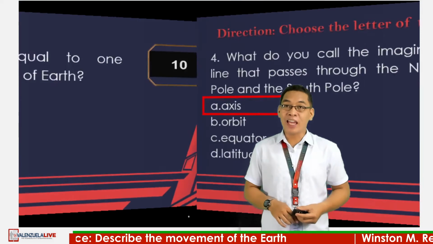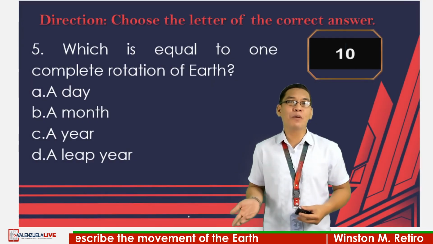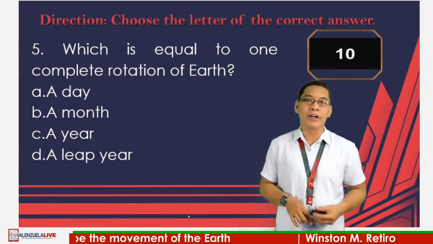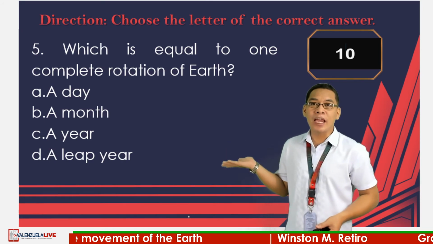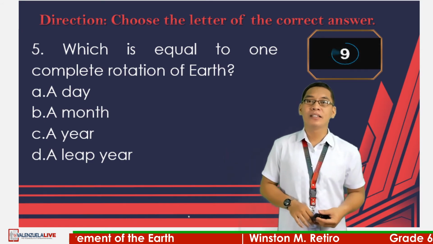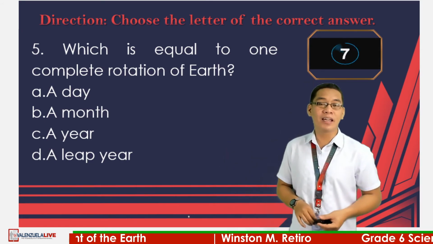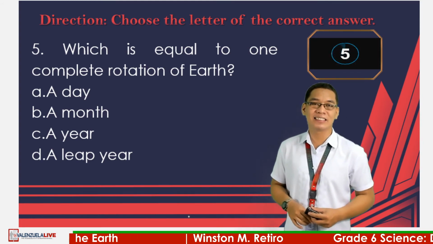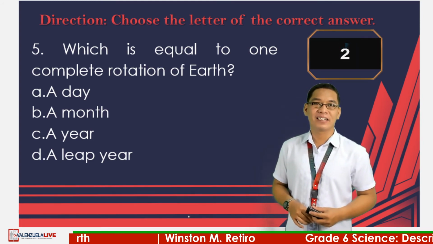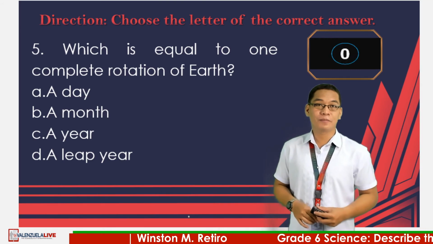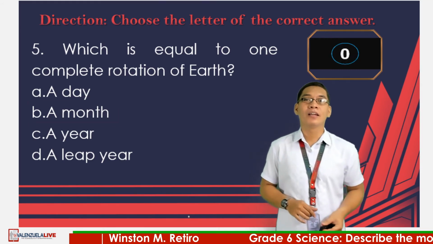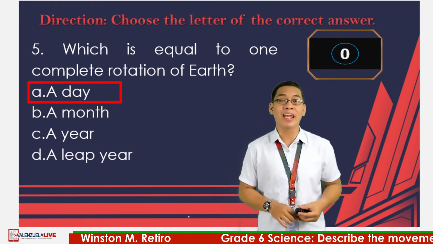For number 5, which is equal to one complete rotation of Earth? A, day, B, month, C, year, or D, leap year? The answer is letter A.